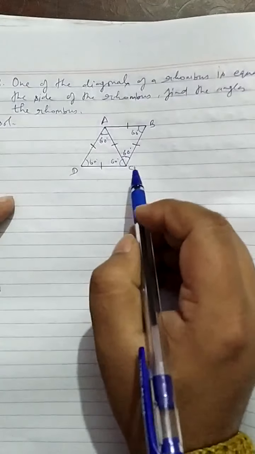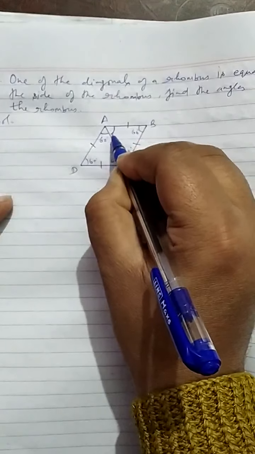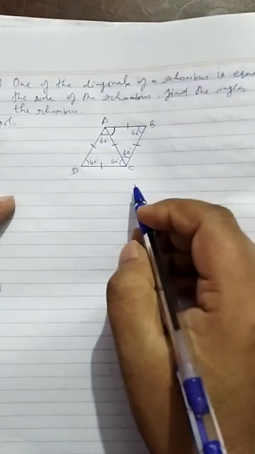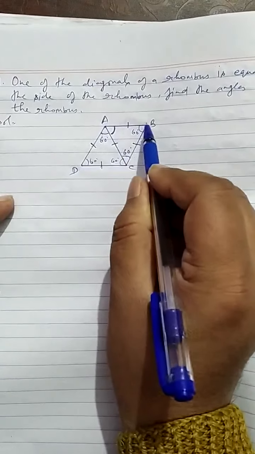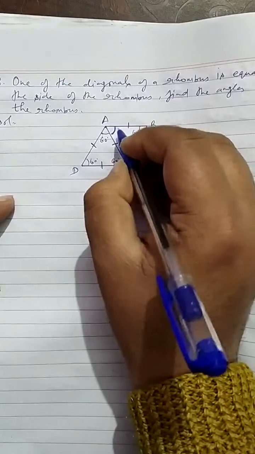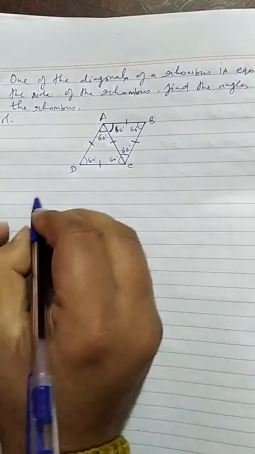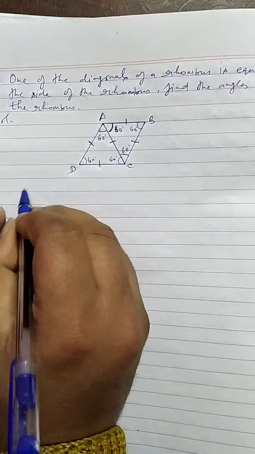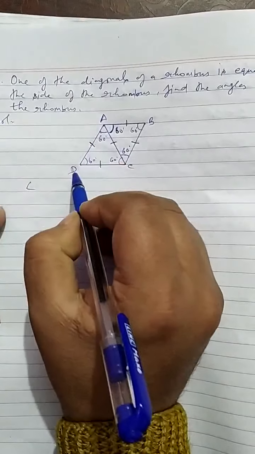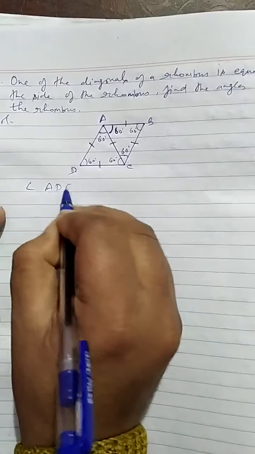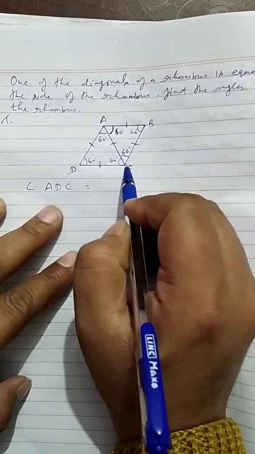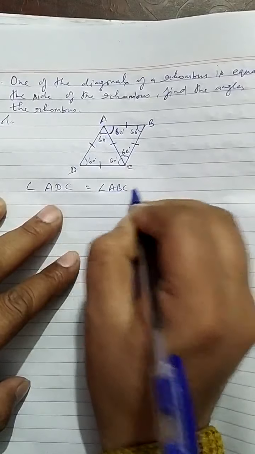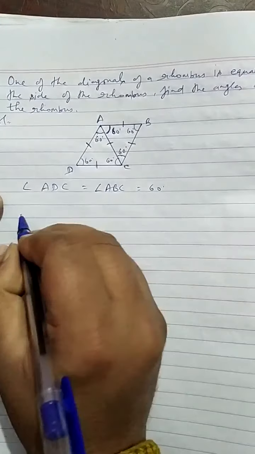Similarly, for this, the Z shape that is made is D, C, A, B. So this 60 will be copied here. Now we can say that angle ADC equals angle ABC equals 60 degrees.